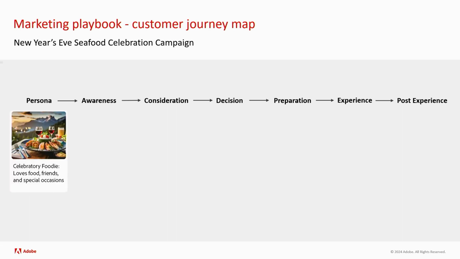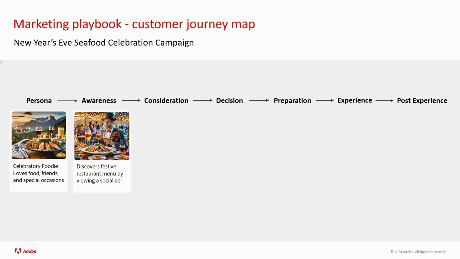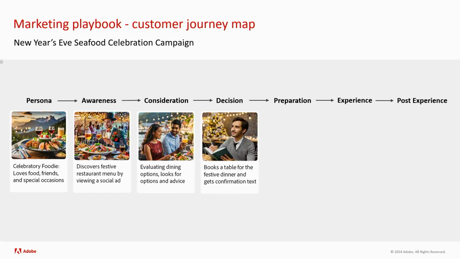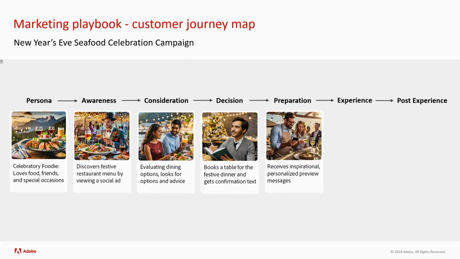So it starts with the persona who you're trying to appeal to. Then how do you get their attention or awareness? Then that person would be assessing opportunities, and where would they look for that? And then how do you help with booking the event? Then you don't just wait for them to show up.